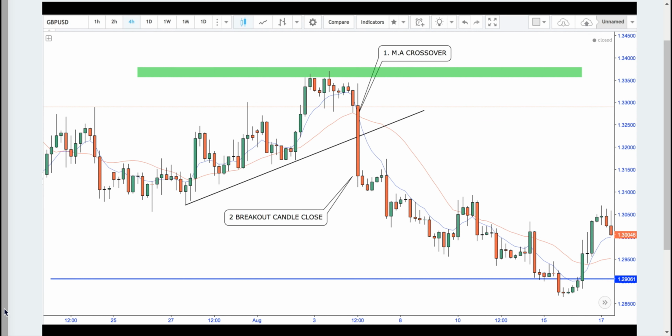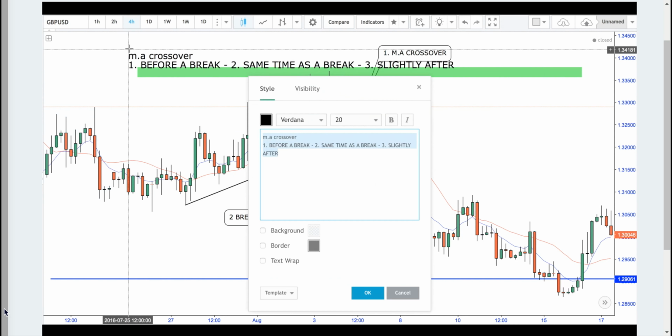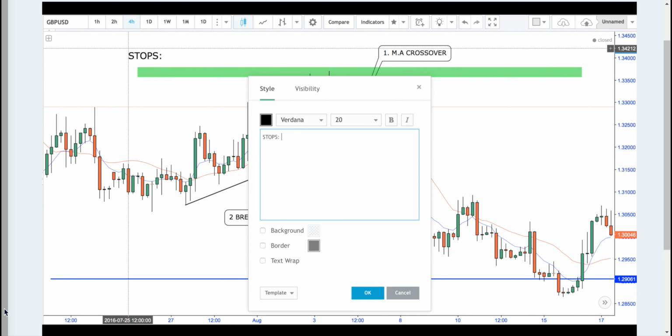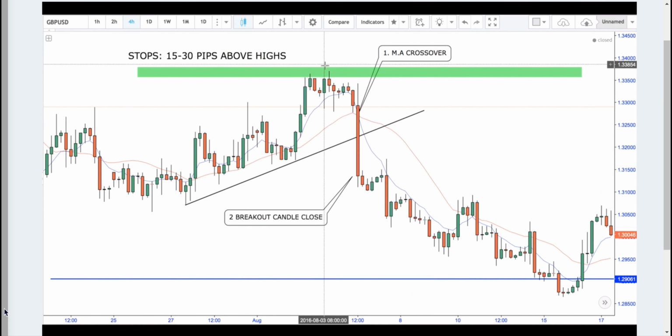The stop loss is always going to go above highs in this case, so once more you can measure, so 1.3371, we can go 1.3391 stop loss, and then we can obviously take it down to our key level of support, whether it be daily, weekly or monthly in this case.